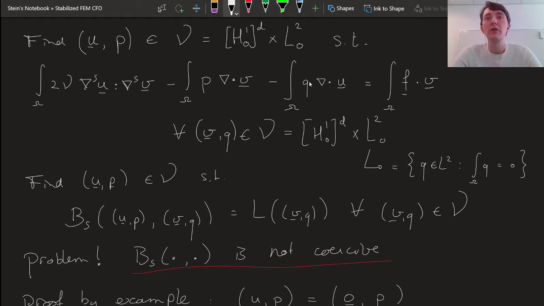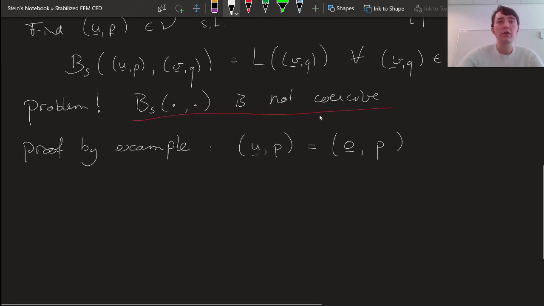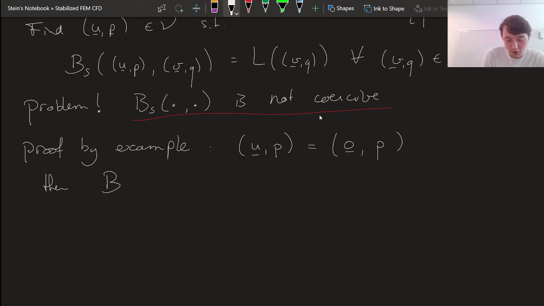Same thing happens here. I have some function, which again is p, right? I'm substituting this in both slots. So I have a p here. Could be anything, but I'm multiplying that by 0. So also this guy is 0. So if I substitute that, then the Stokes bilinear form of (0, p), (0, p) is going to be equal to 0.